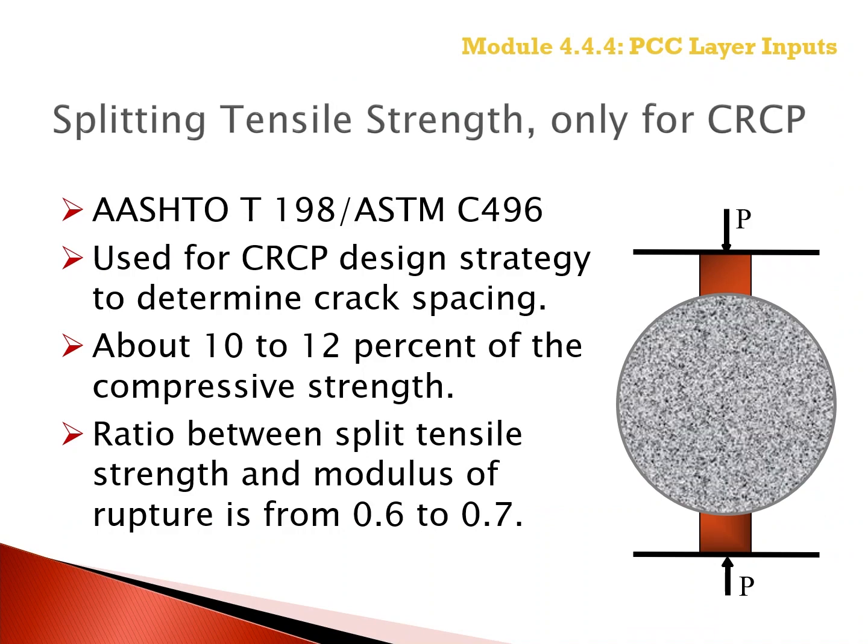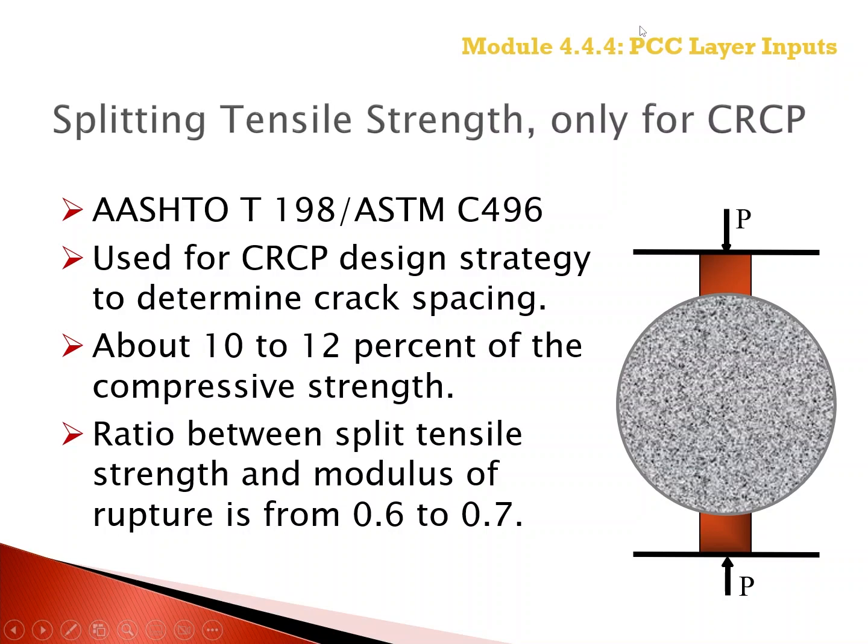The splitting tensile strength is measured in accordance with AASHTO T198 and/or ASTM C496 and is needed for the CRCP design strategy to determine crack spacing.